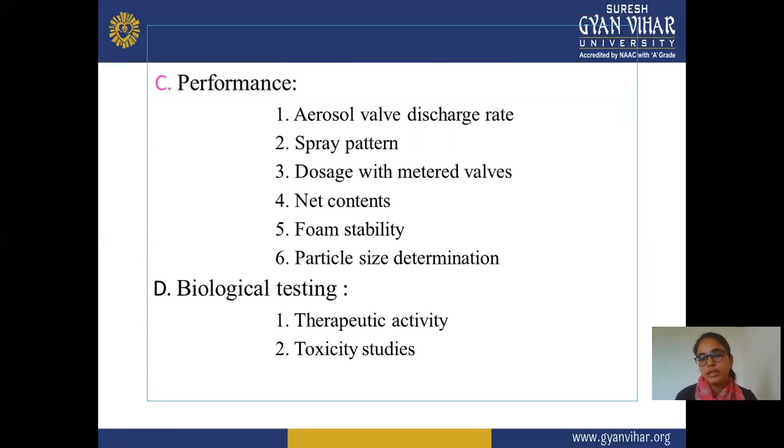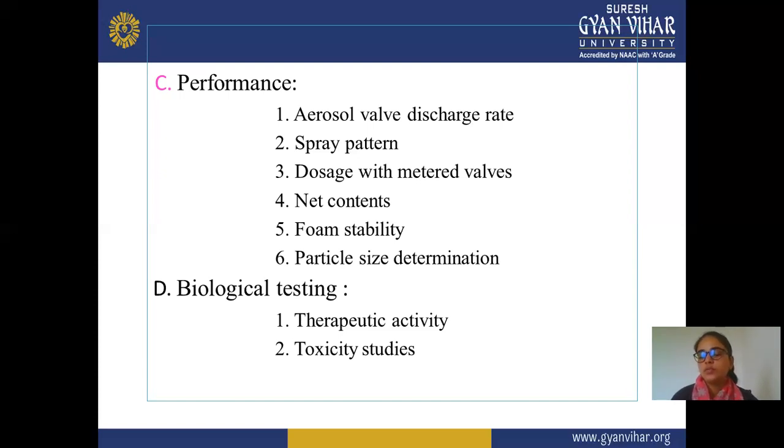Next, part C is the performance test. In the performance test, we check aerosol valve discharge, meaning how it discharges the material, spray pattern, and dosage with the metered valve, meaning how the metered valve is attached and whether the required amount of material is expelled from that particular metered valve. Also dosage, net content, foam stability, particle size determination, and biological testing, including therapeutic activity and toxicity study, because many of the formulations or aerosols are for a particular disease or therapeutic effect.